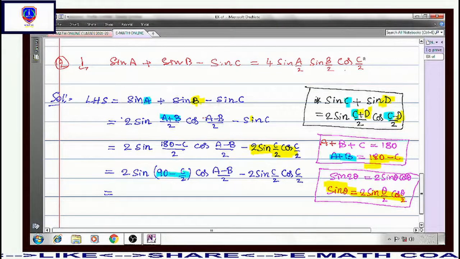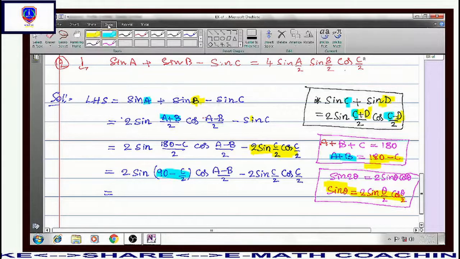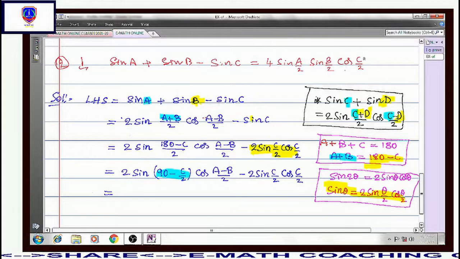90 minus C by 2 belongs to the first quadrant, and in the first quadrant all trigonometric functions are positive. Whenever 90 occurs, the trigonometric function changes. Here sin becomes cos. So, write down 2 cos C by 2.